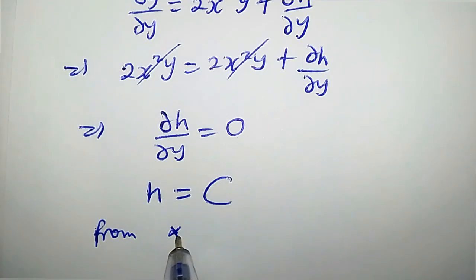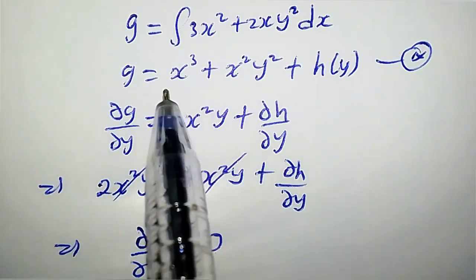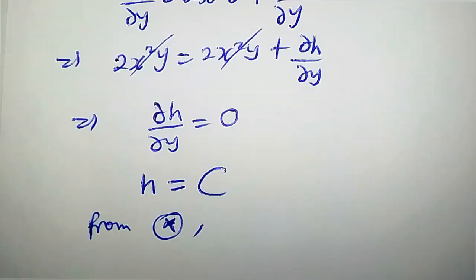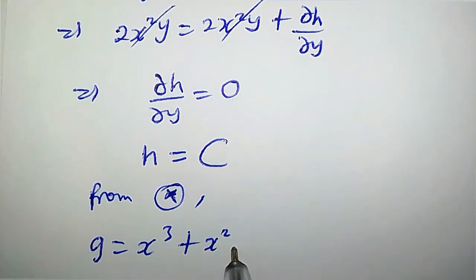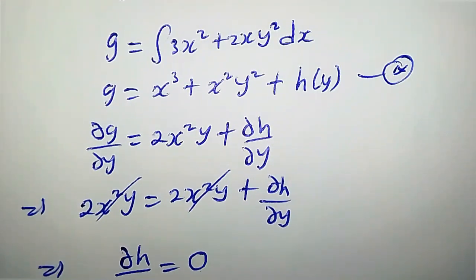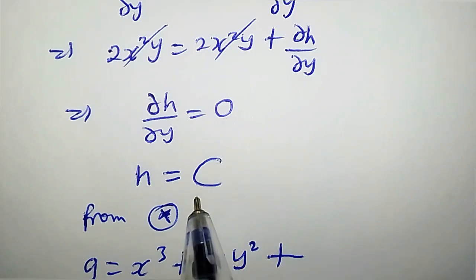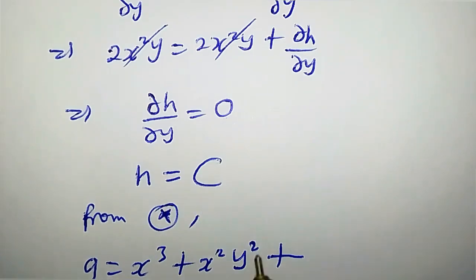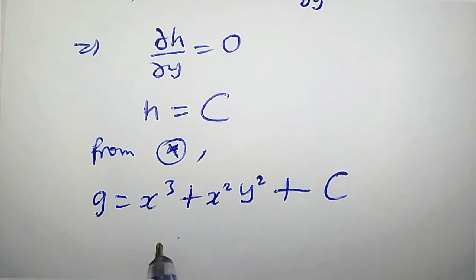From equation star, g equal to x cubed plus x squared y squared, plus, instead of writing h, we just replace it with this constant that we have, h equals c. So this becomes c. But that's not the required solution.